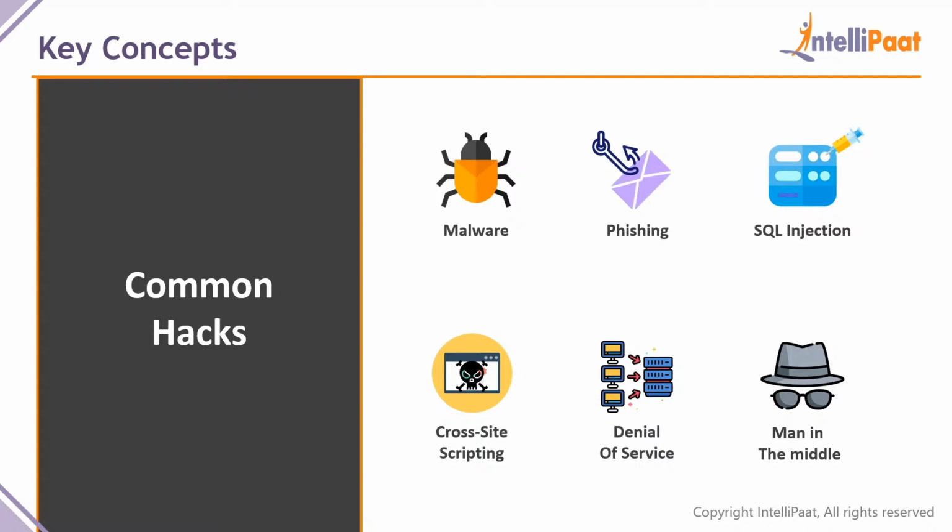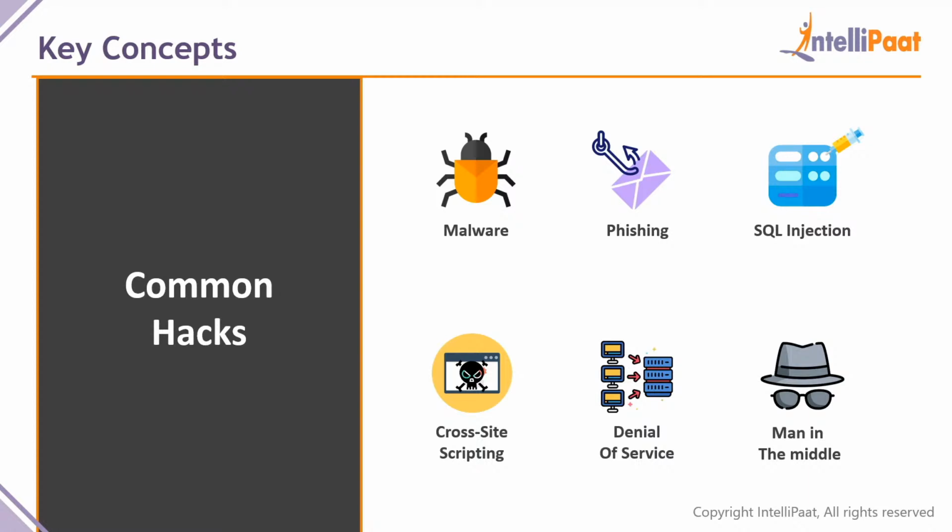Then you have denial of service. In this particular case, you have a web application or a web server. A lot of clients access your particular web application, but your web application's server does not have a very high capacity. So if, say, 102 clients logged onto your particular application at the same time, your server will essentially crash.